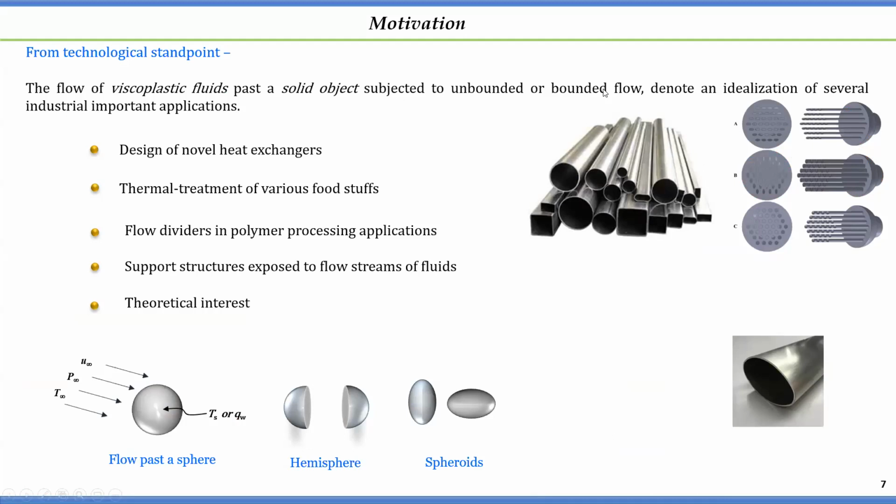We can idealize this situation in several ways. But where can we see such an encounter? For example, design of novel heat exchangers for complex fluids, thermal treatment of various foodstuff, and flow dividers in polymeric processing applications.